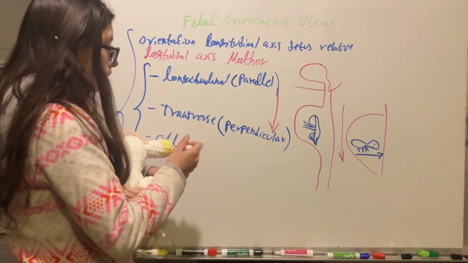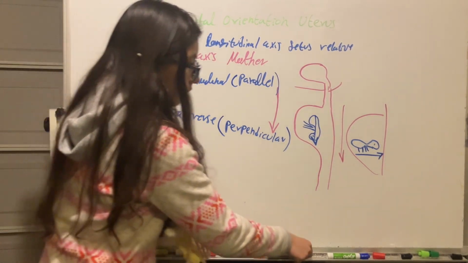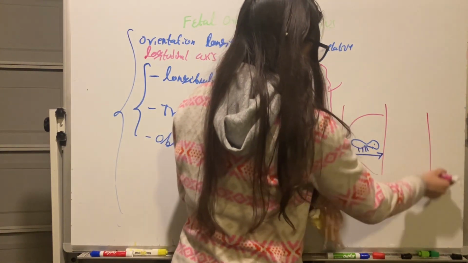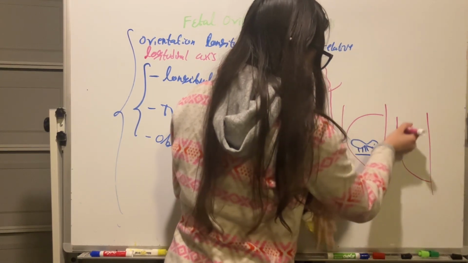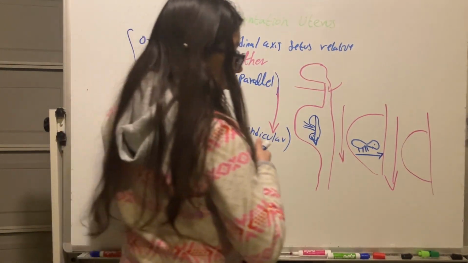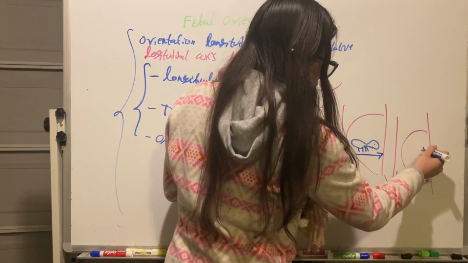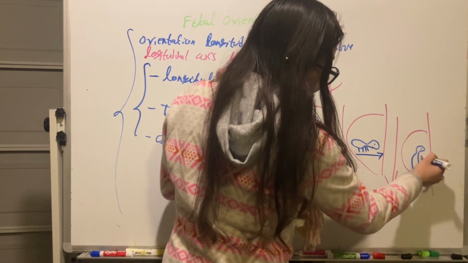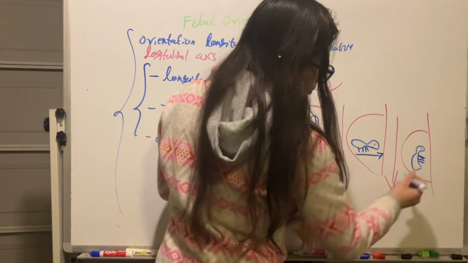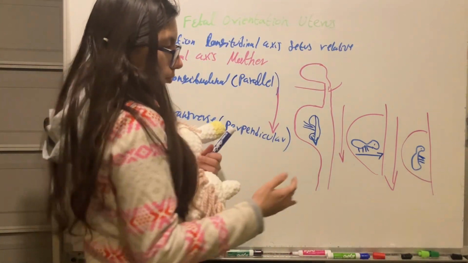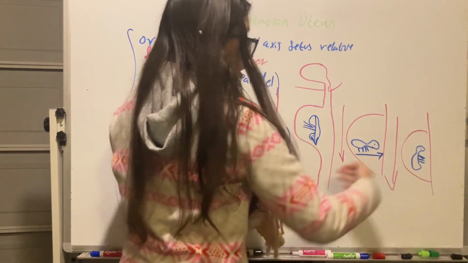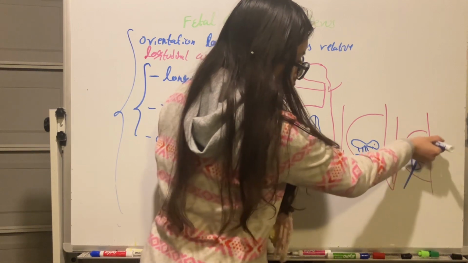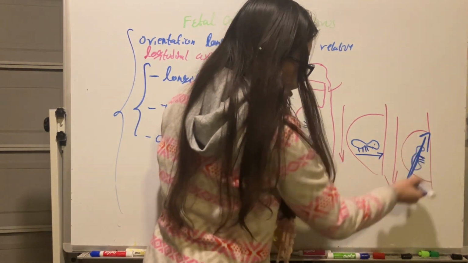And the oblique orientation is an intermediate between these. So here is the abdomen, this is the longitudinal axis of the mother, and the longitudinal axis of the fetus is this.